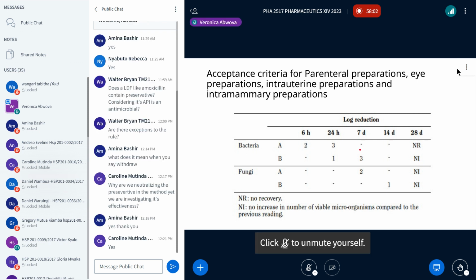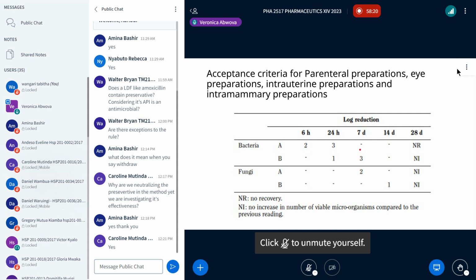But if we are not able to neutralize, okay, if we don't neutralize, then it's possible that as much as we have plated, there could be a microorganism that is alive. But remember the colony forming units.